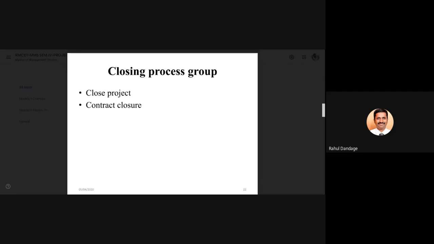So various contracts will be involved in the project. So we have to go for closing the project and closing the contracts, and this closing should be a smooth one, so that should be taken into account in the closing process group.